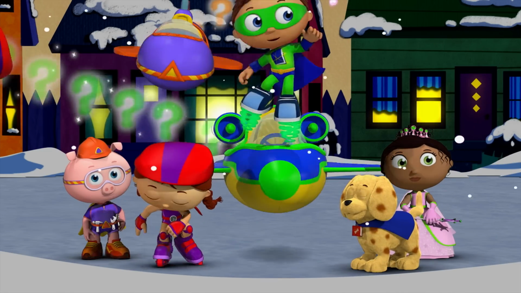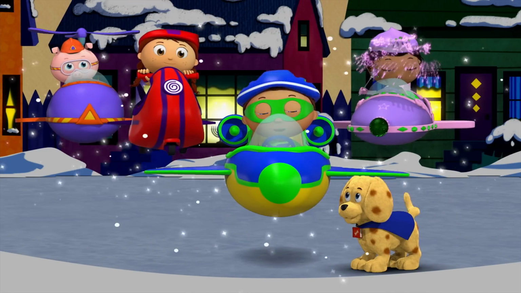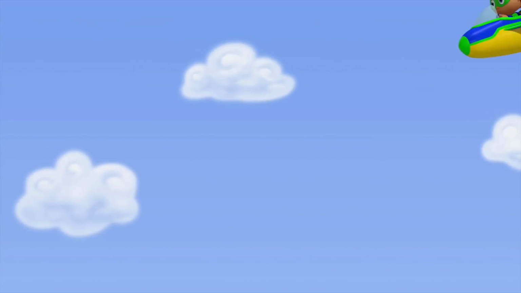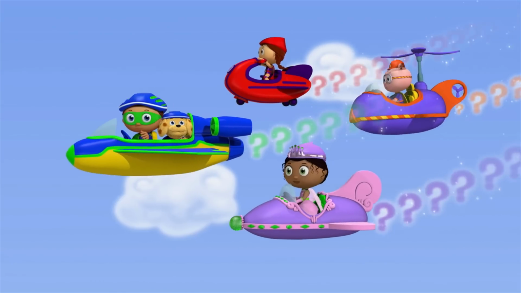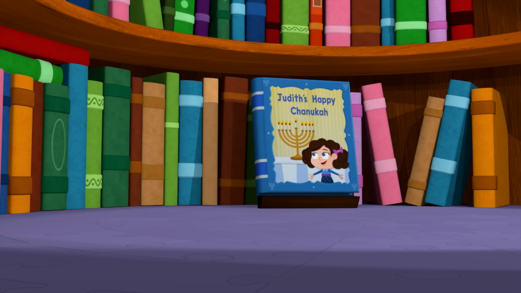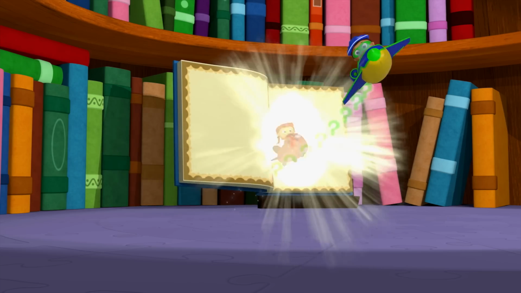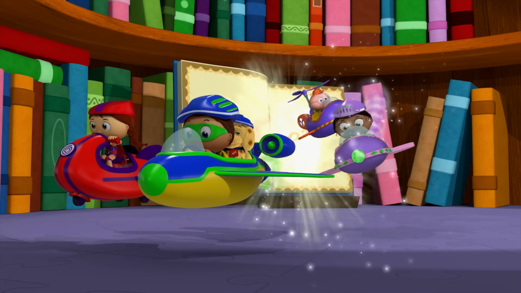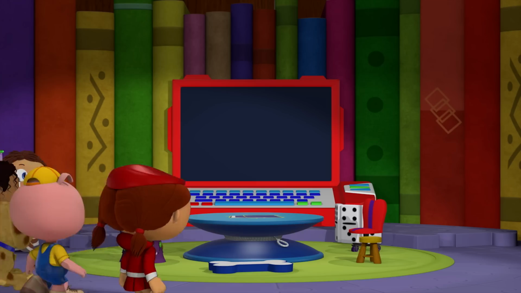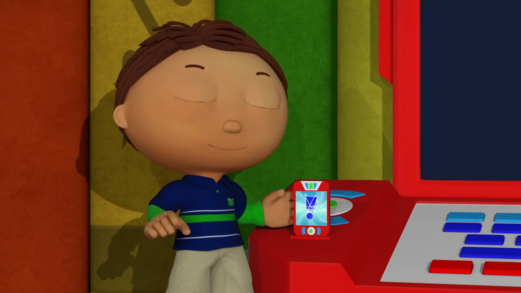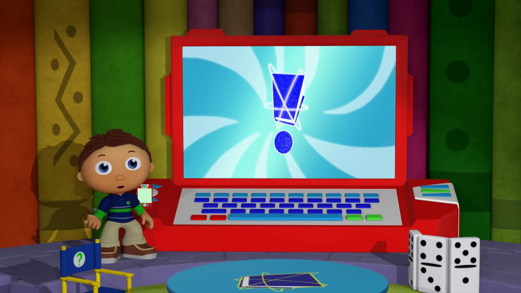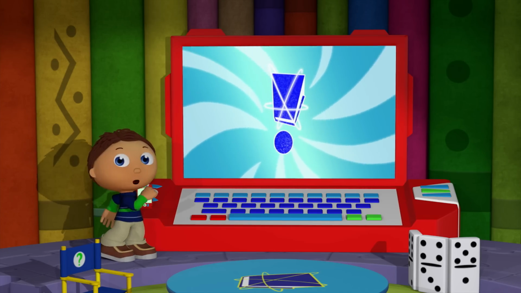Why, Flyers? Back to the book club. Come on, Woofster. We found the super story answer with superwhy. Super-duper computer, give us our super story answer.